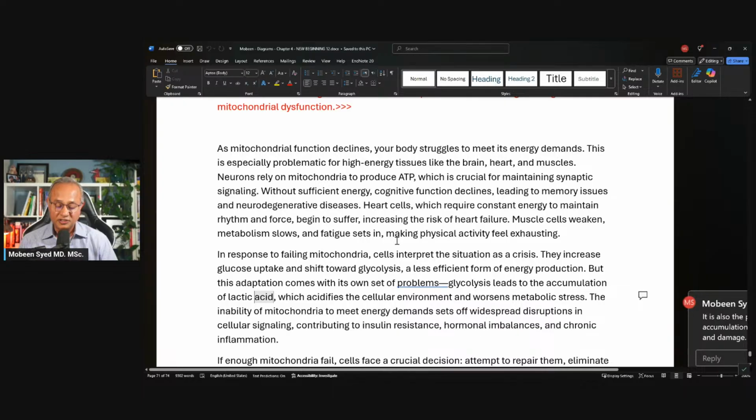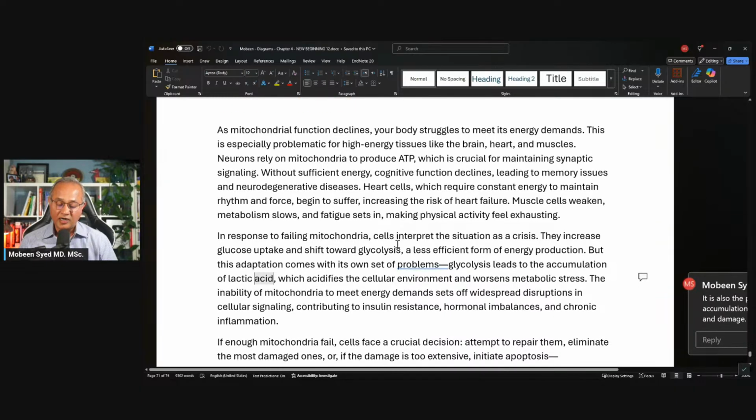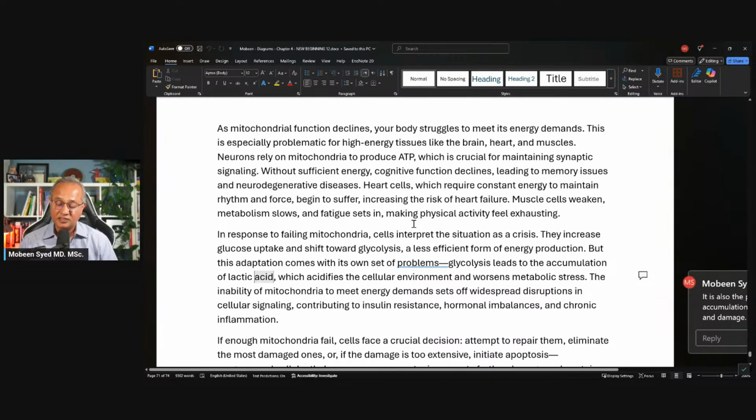Without sufficient energy, cognitive function declines, leading to memory issues and neurodegenerative diseases. Heart cells, which require constant energy to maintain rhythm and force, begin to suffer, increasing the risk of heart failure. Muscle cells weaken, metabolism slows, and fatigue sets in, making physical activity feel exhausting.